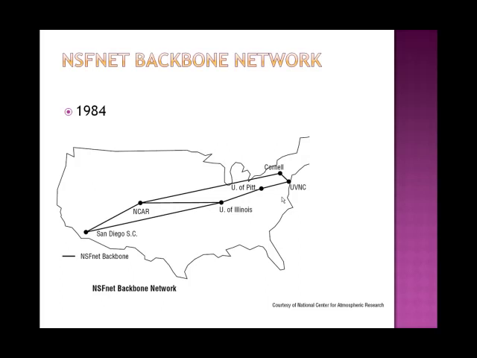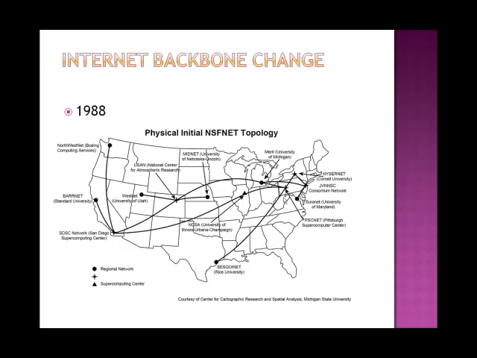As you can see, it included a handful of universities, and then in 85, 1 year later, they turned out to be 30, and in 88 the number of connecting networks grew up to about 5,000, with a number of supercomputing centers that were set up within the nation.